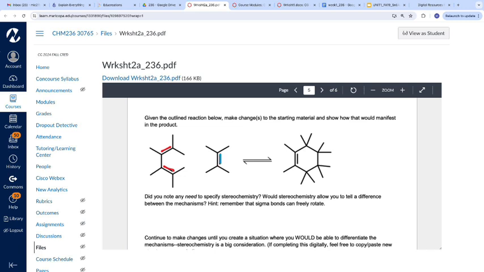Where should my first arrow start? Should it start from the red side or the blue side? Why? More electrons. Yeah. Really what we're saying is what's the nucleophile and what's the electrophile.